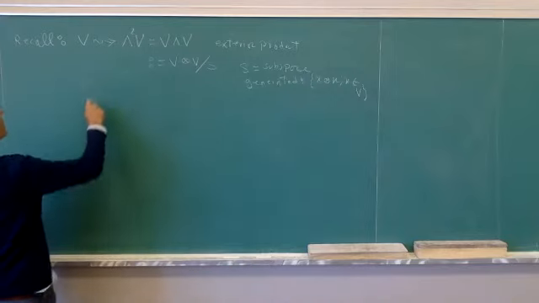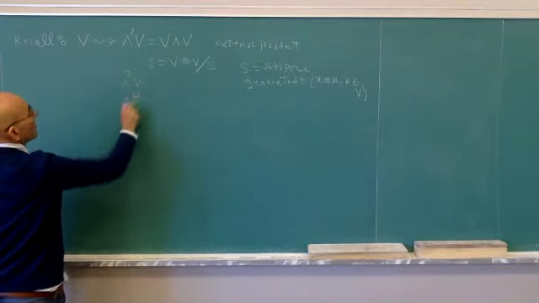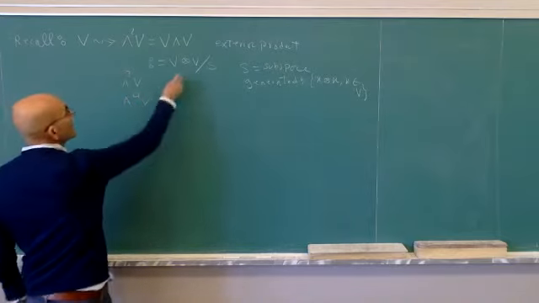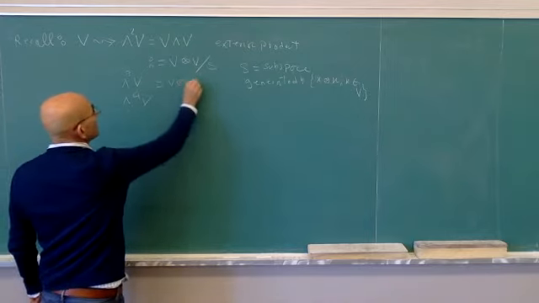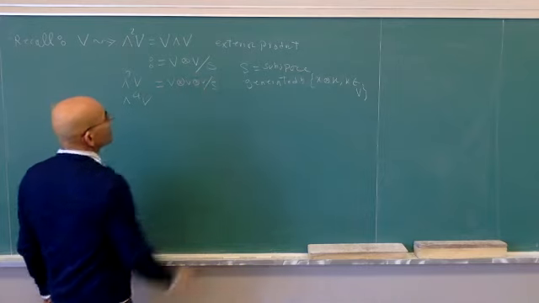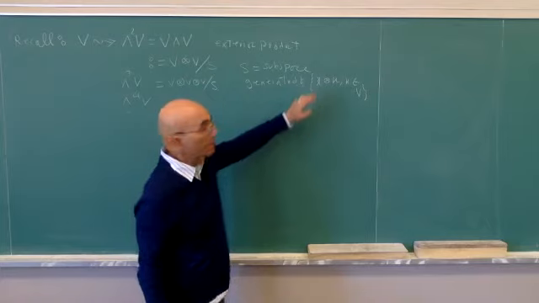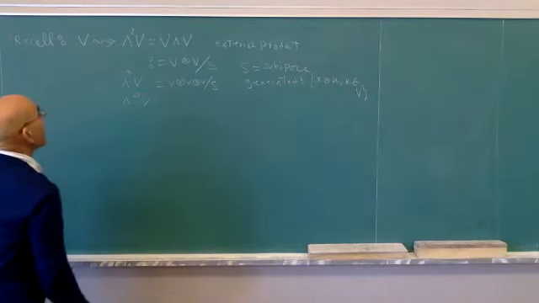In a similar way, we can also define wedge 3 of V, wedge 4 of V, and so on. You take V tensor V and divide it by some suitable thing such that if any two coincide, then this is going to be 0.